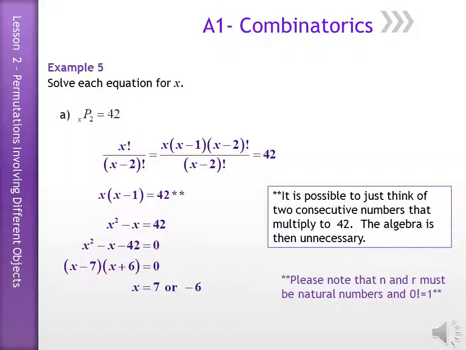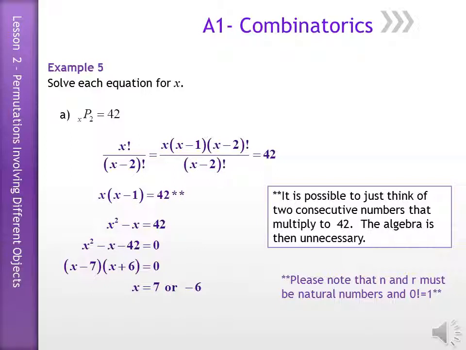So we need to find two numbers that multiply to negative 42 and add to negative 1. This would be negative 7 and positive 6. So we now have x minus 7 times x plus 6 equals 0. If x was 7, the first factor would then be 7 minus 7, or 0. So indeed, that would all equal 0. And we're done.